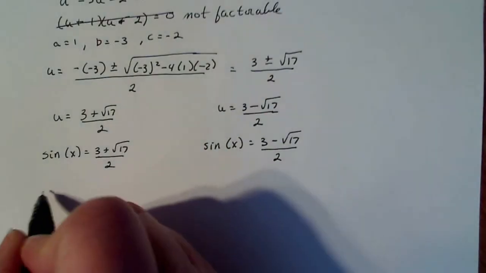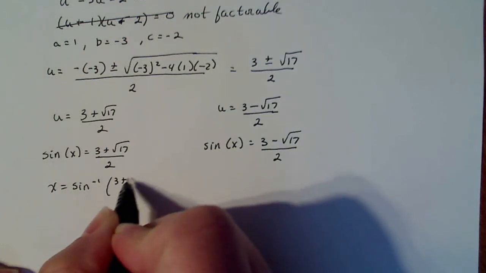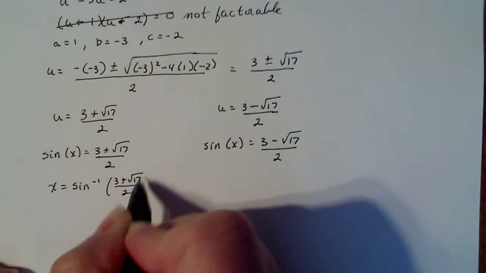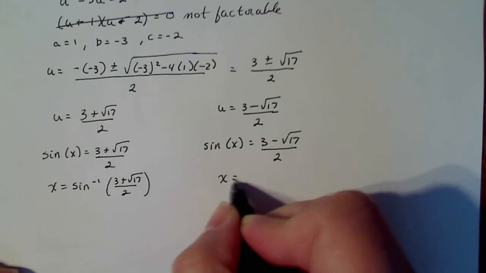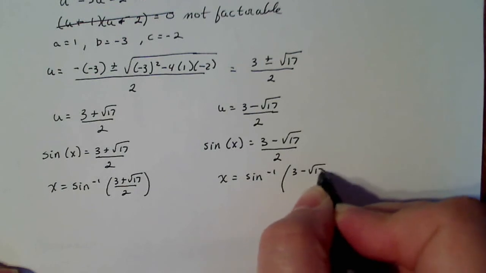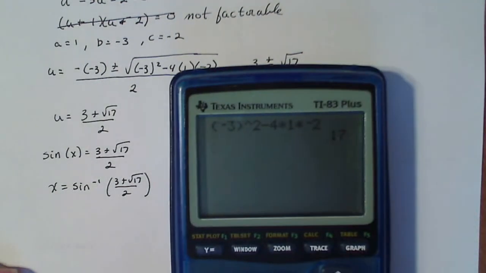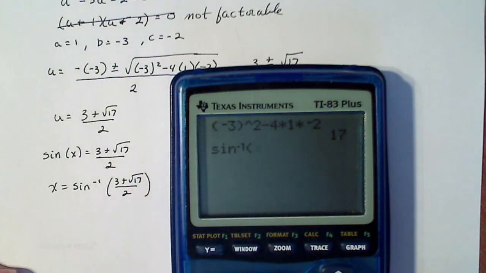All right, and I'm going to scoot this up a little bit here. So here I have x equals sine inverse of 3 plus square root of 17 over 2. Don't estimate that yet, you don't need to. Just do a little bit of math here. You can use arc sine if you want, that's fine. And let's just see what two angles pop out when we use this with our calculators. All right, so on this side I will do sine inverse of 3 plus the square root of 17 divided by 2.